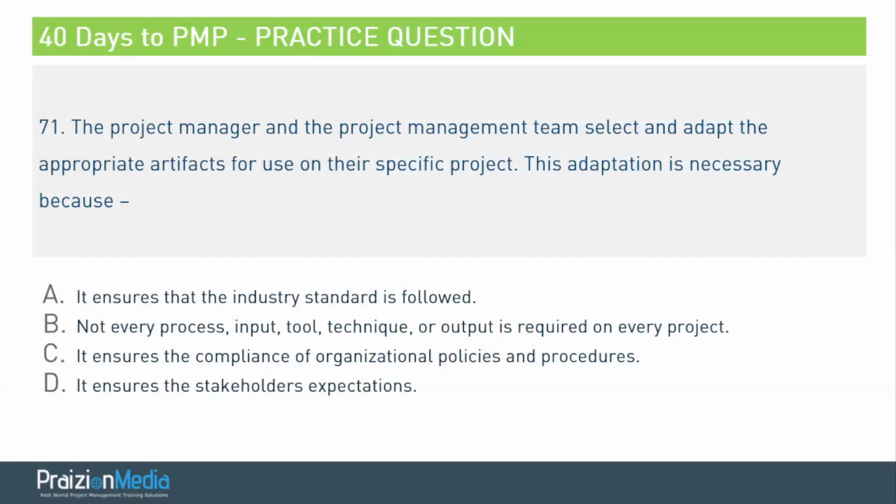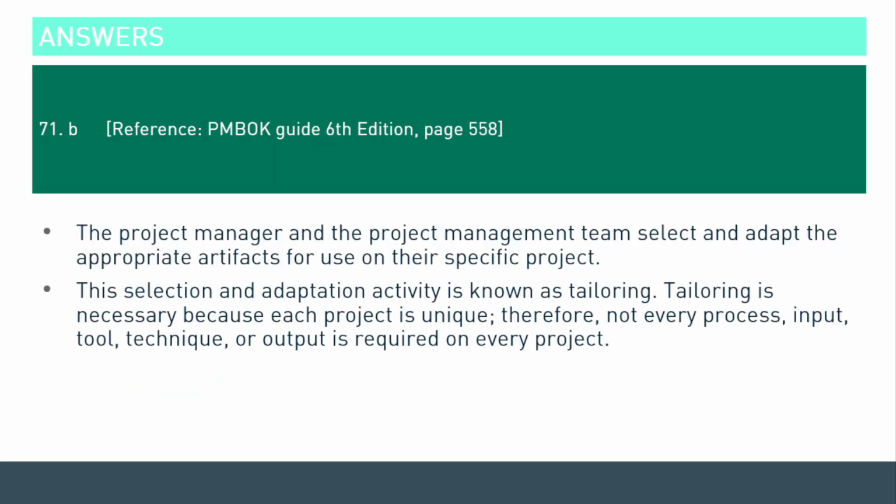And that's why the answer to number 71 is option, as you've guessed, B. The project manager and the project management team select and adapt the appropriate artifacts for use on their specific project. You read the next line, not every process input, tool, technique, or output is required on every project.